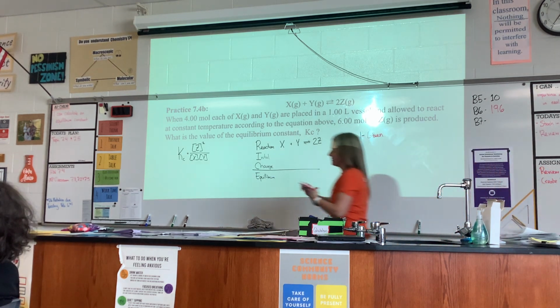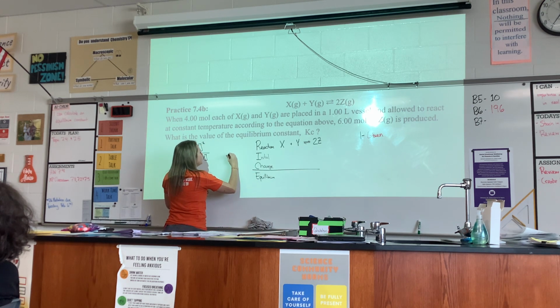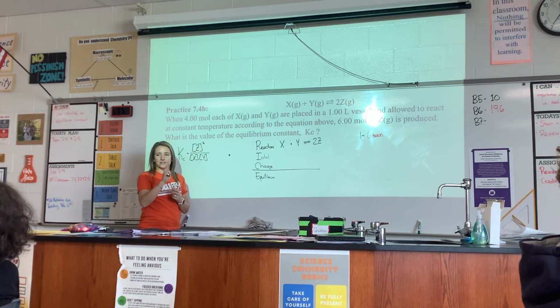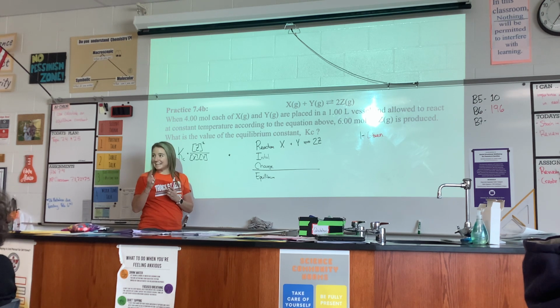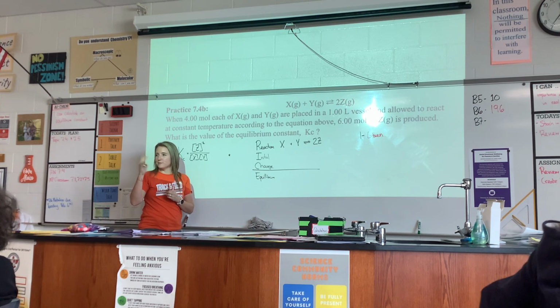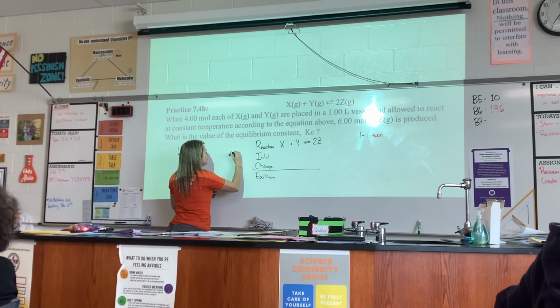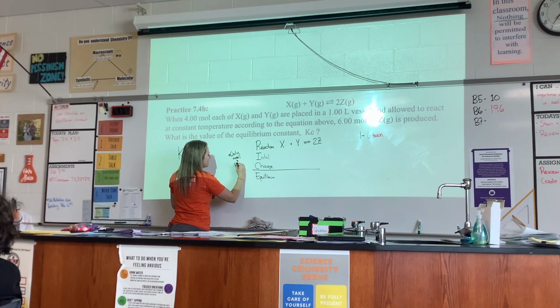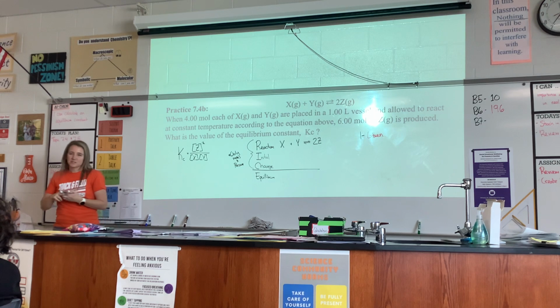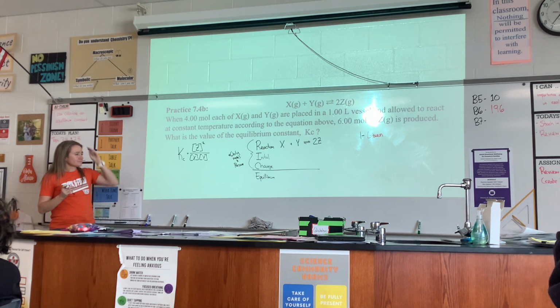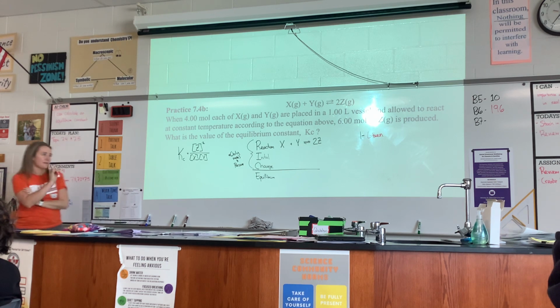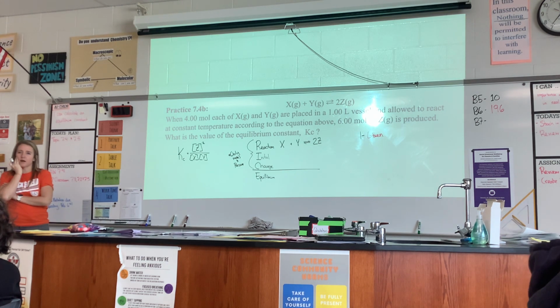Now, side note here with RICE charts, you can only put moles and pressure into a RICE chart. You can't put molarity in because molarity is not additive, and no other unit would work. So only moles and pressure work for RICE charts. That's why I'm not going to convert them to molarities yet. Okay, now that we have our side note there, what is given in my problem that we can plug in here?